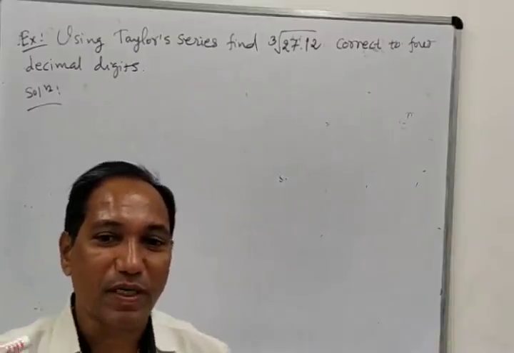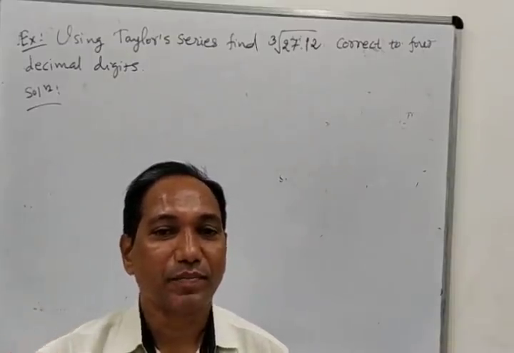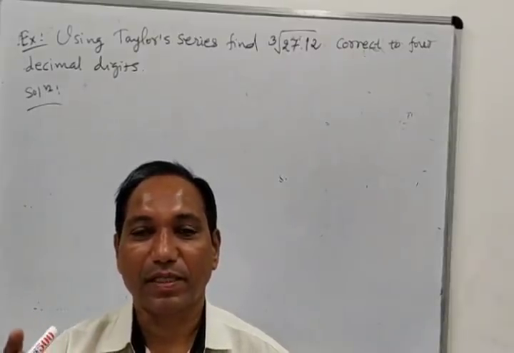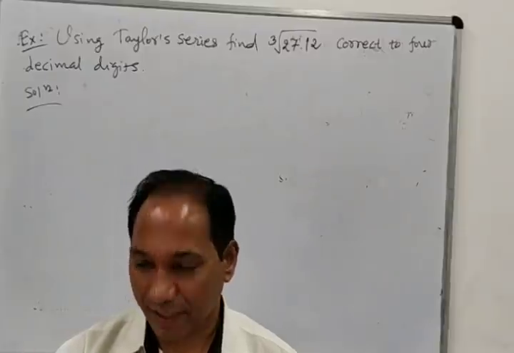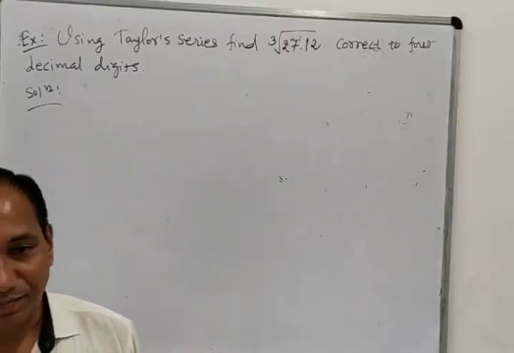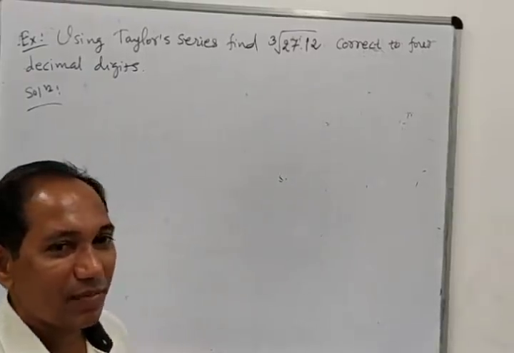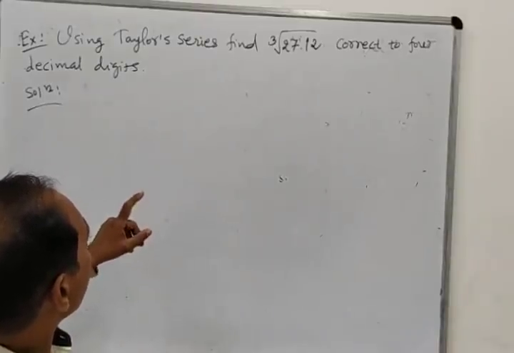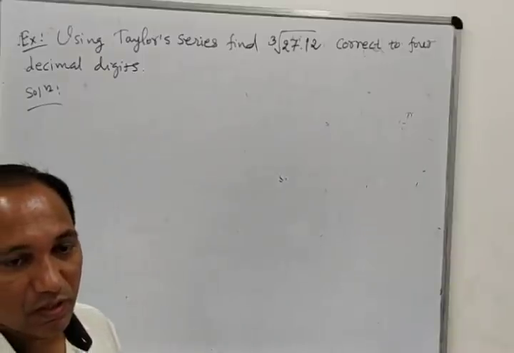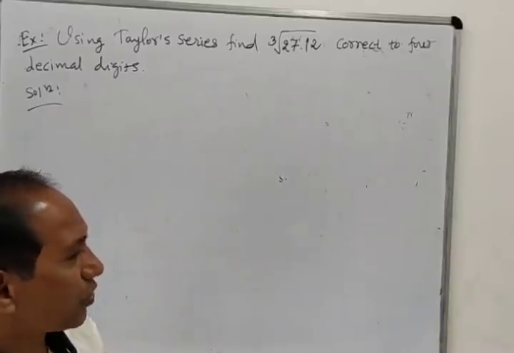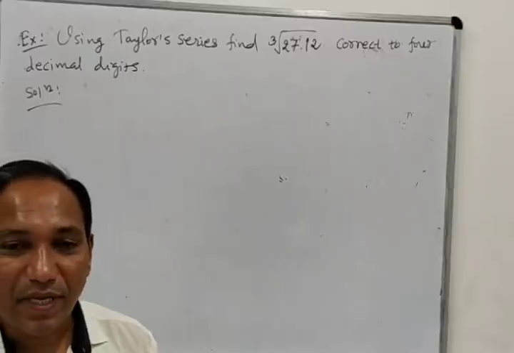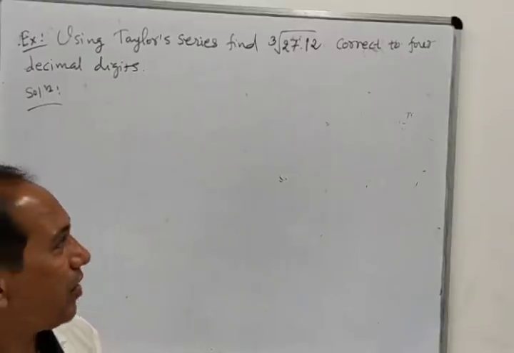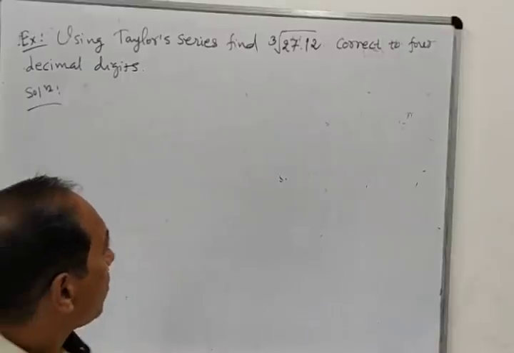You press the mode button, then continue, then you will get a fix on the screen, written fix in brackets from 0 to 9. So there you will have to press 5. So your calci will show every answer up to 5 decimal digits only.